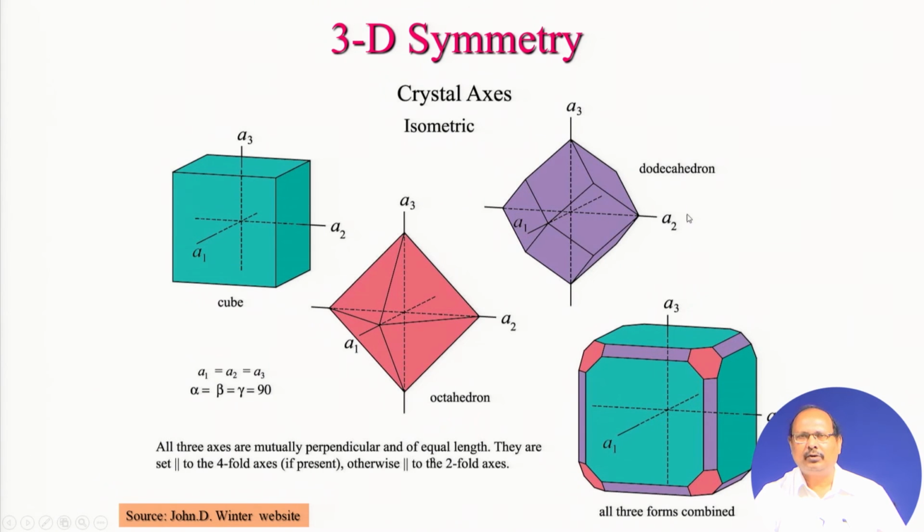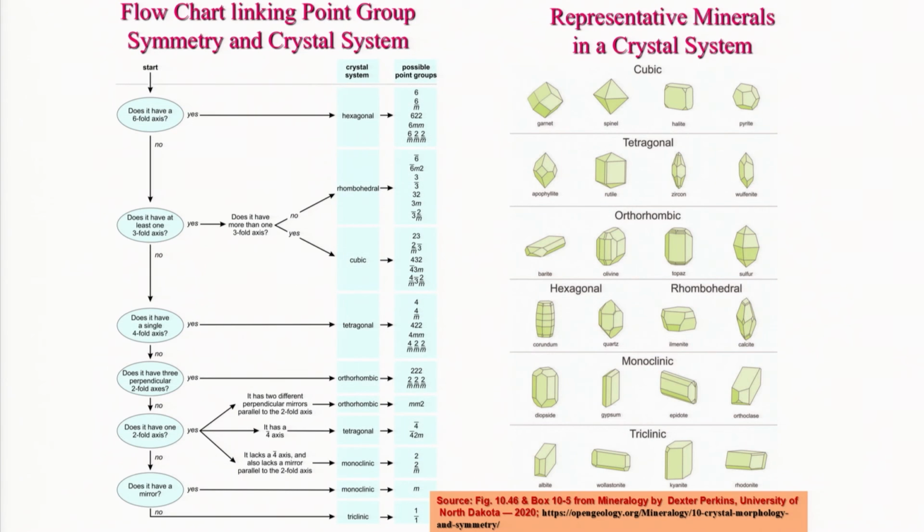If we join, this is the position of the A2 axis here, and you will later find that this is the position of the emergence of the threefold axis of symmetry, because there are 3 faces here, 1, 2 and 3. So, there is an angle of 120 degrees here, and this is a crystal under the isometric crystal system, where all 3 varieties of cube, octahedron and dodecahedron are present here, and we will discuss in some detail when we study crystal forms.